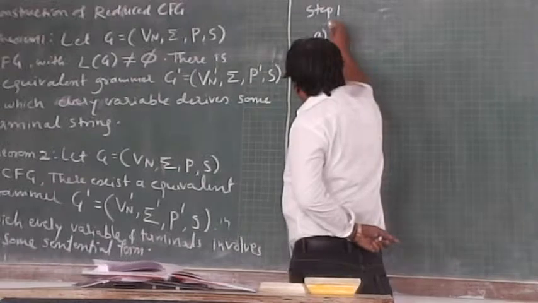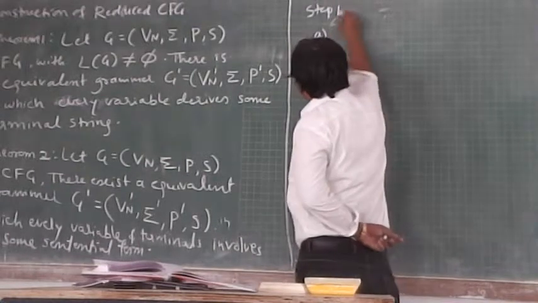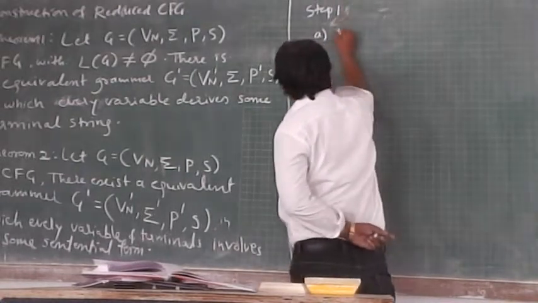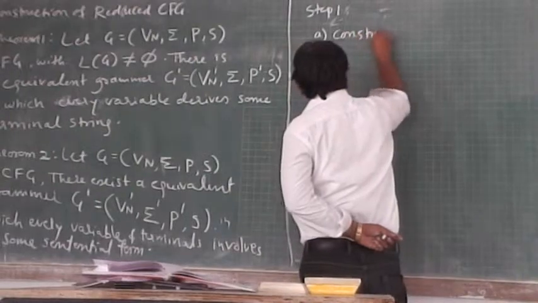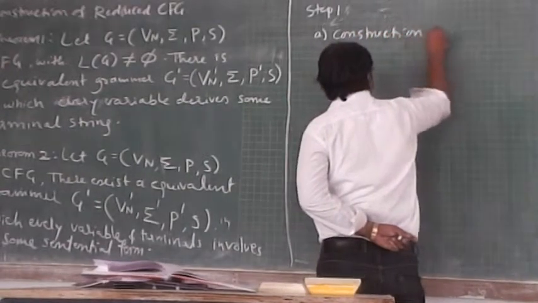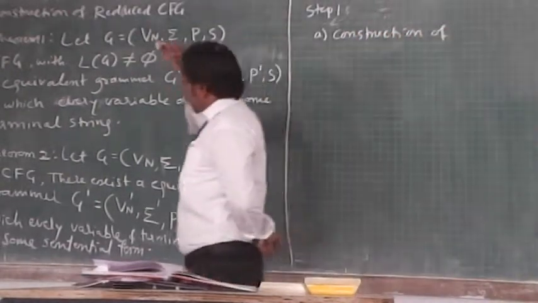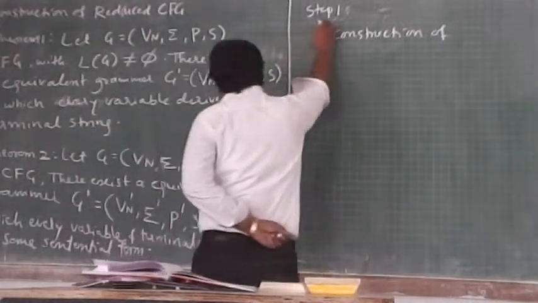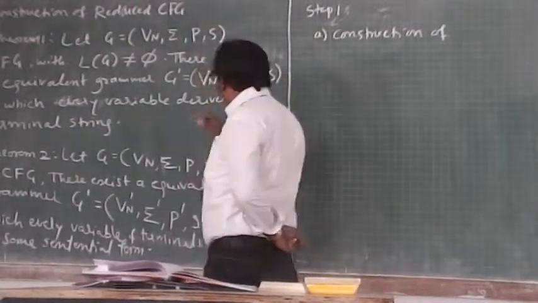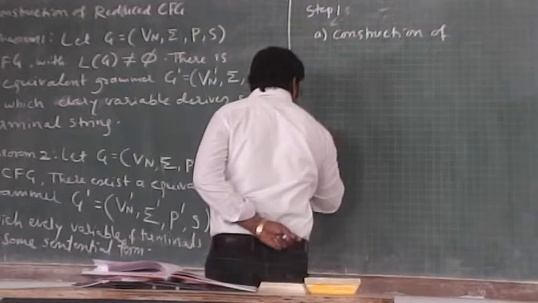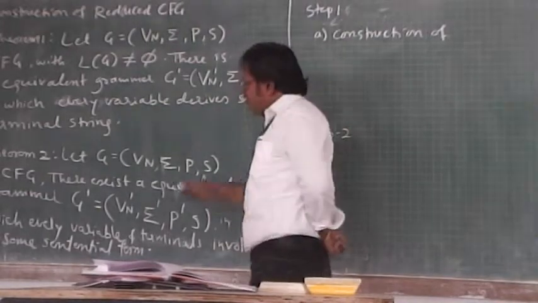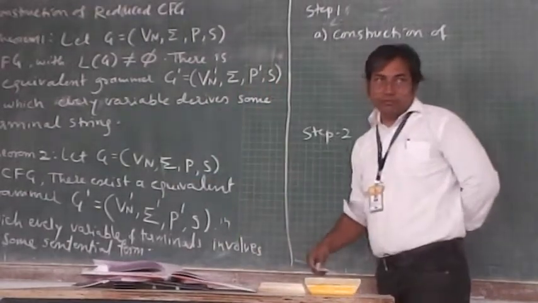So here we can name this step as a construction of. In the first step we are considering theorem 1. In the second step we will see theorem 2.